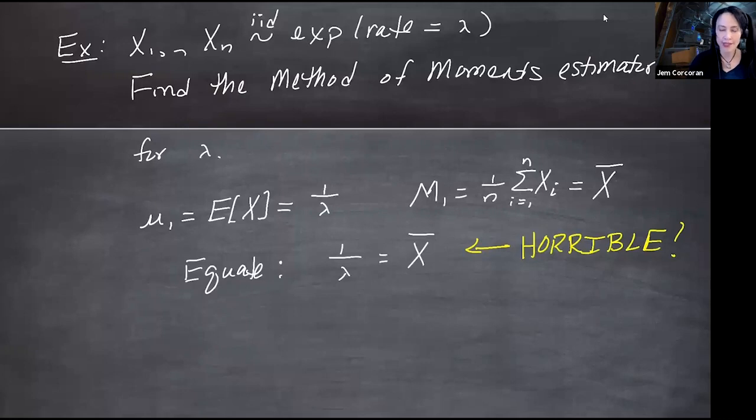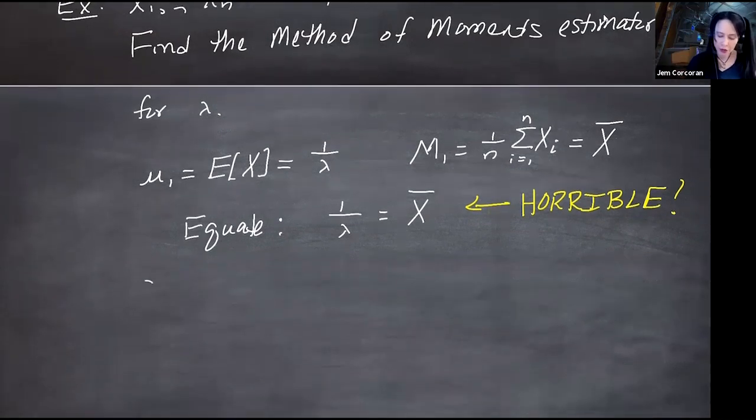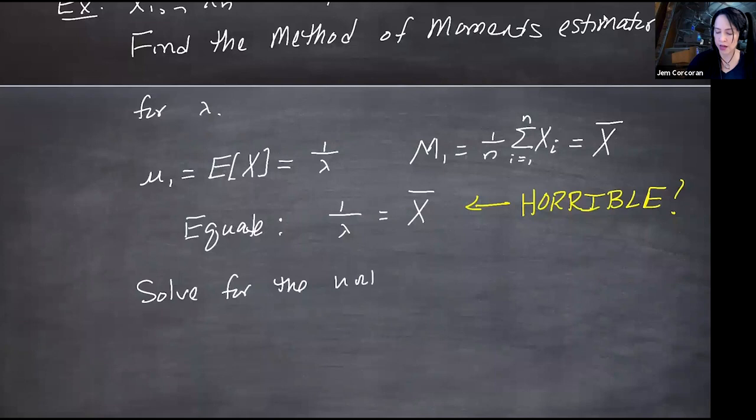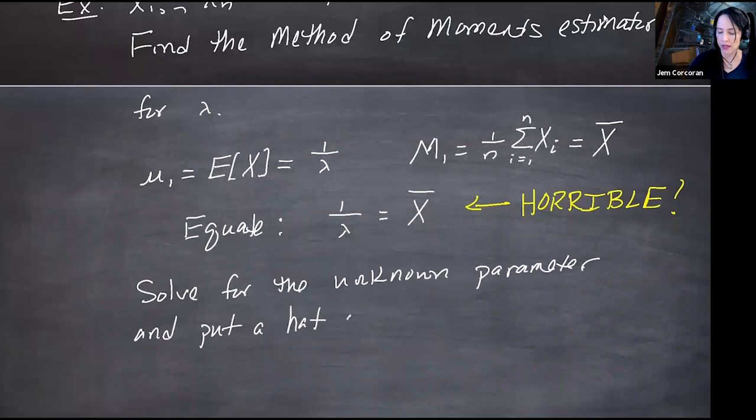So really this doesn't make sense, but it kind of makes intuitive sense to think of them as the same thing. Then you solve for the unknown parameter and then you throw a hat on it so that it does make sense. Solve for the unknown parameter and put a hat on it.